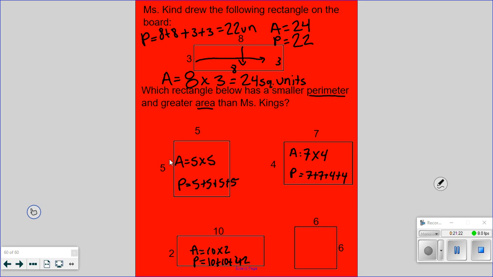All right. Area equation for our last one. Mason? 6 times 6. Perfect. And the perimeter equation. Go for it, Victor.